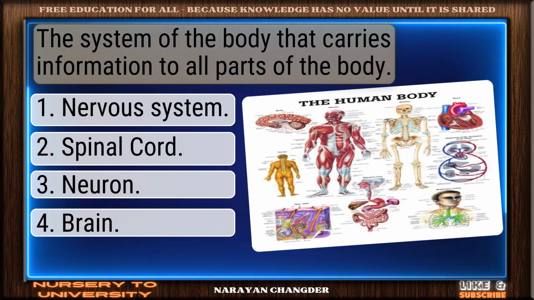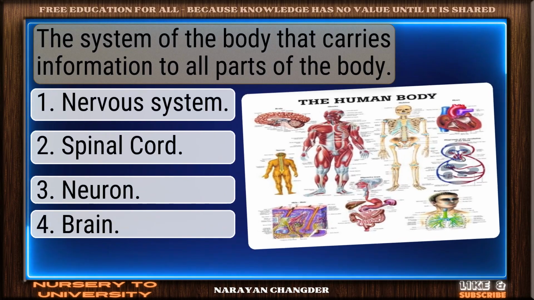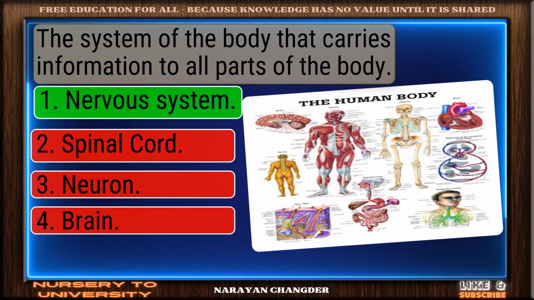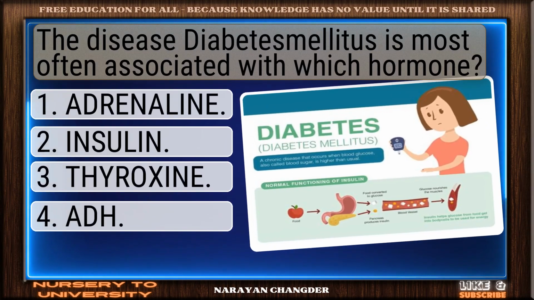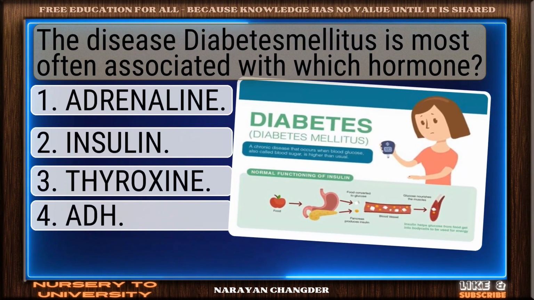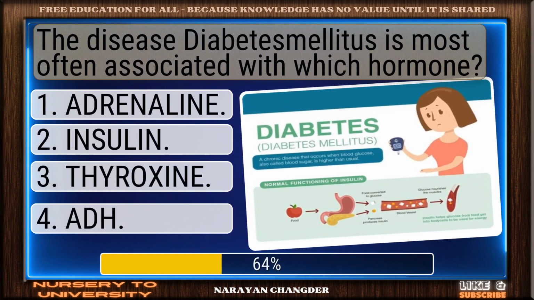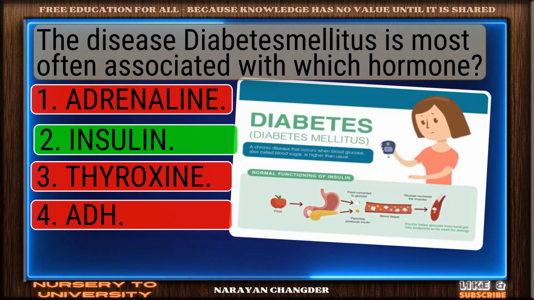The system of the body that carries information to all parts of the body. Good thinking. Nervous system is right. The disease diabetes mellitus is most often associated with which hormone? Clear logic. Insulin is sound.